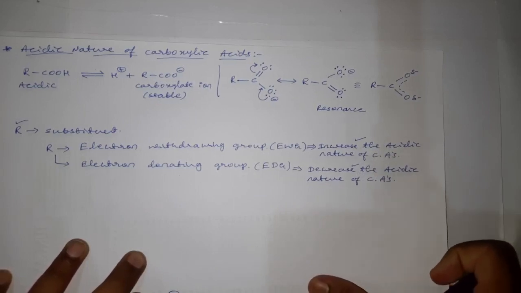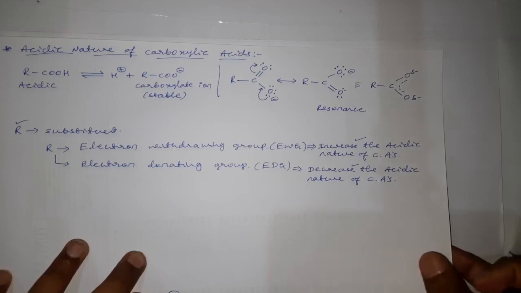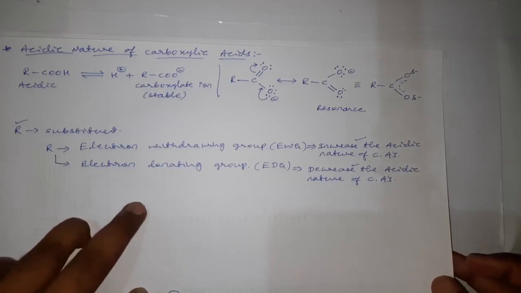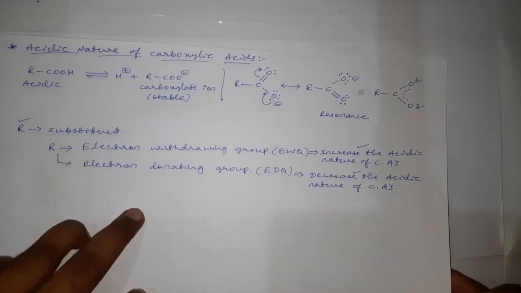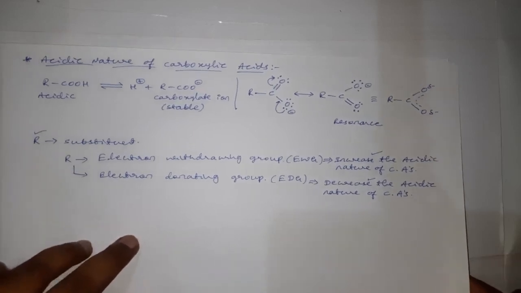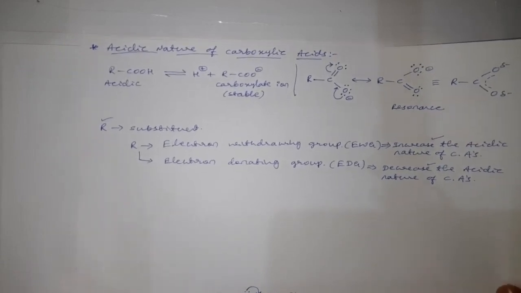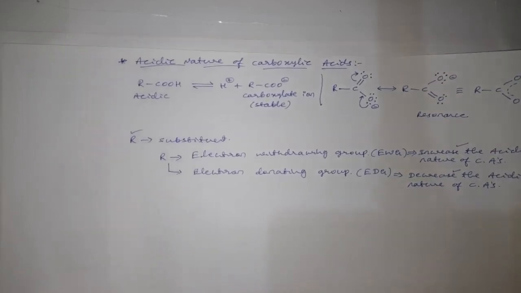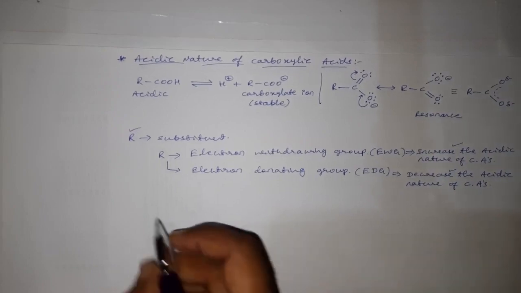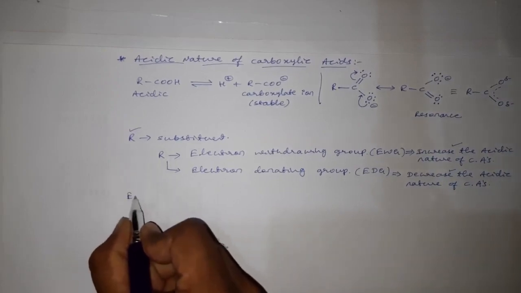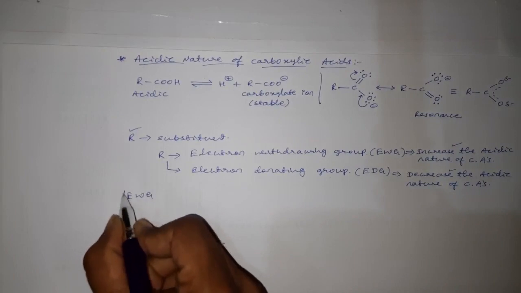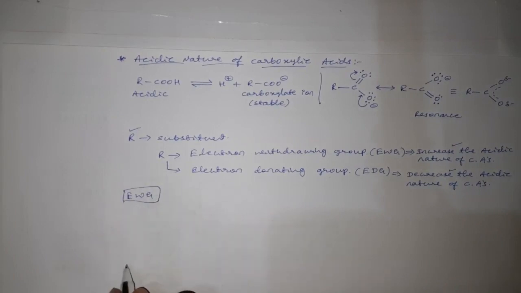Before starting the effect of substituents by taking some particular examples, let me explain what these electron donating and withdrawing groups are, with some examples. I am writing some examples for electron withdrawing groups and electron donating groups.